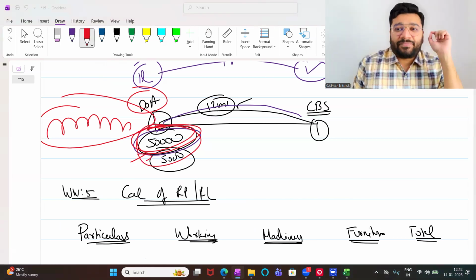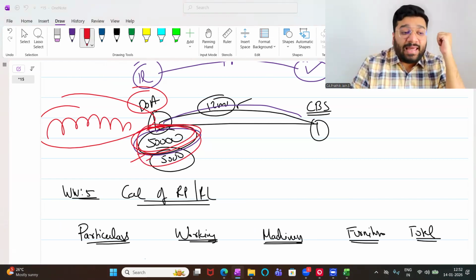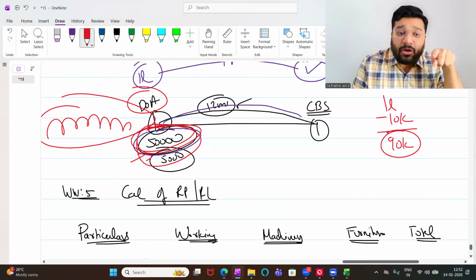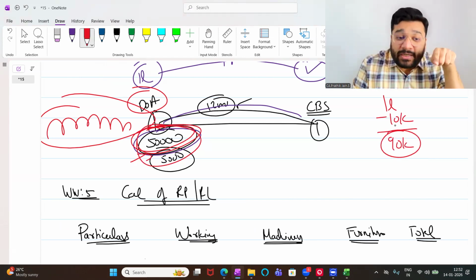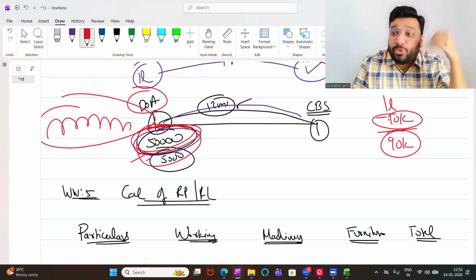What is depreciation? It is the cost of the asset that has been used during the year. It is the used value of the asset. If 1 lakh is the cost of the asset, from that if I minus 10,000, the balance I get is 90,000. 90,000 is the remaining cost of the asset which I have not used. Then 10,000 is the part of the cost of the asset which has been used in the business.